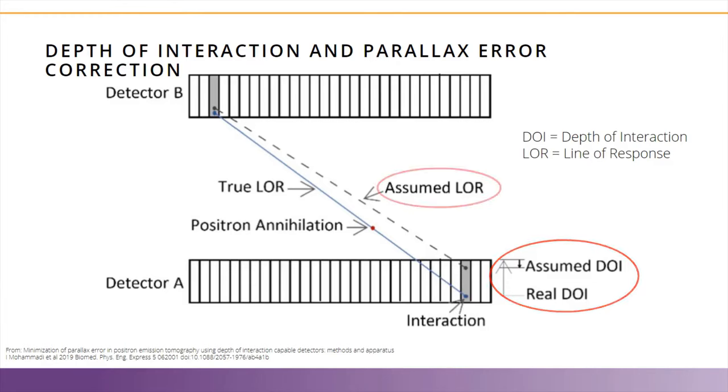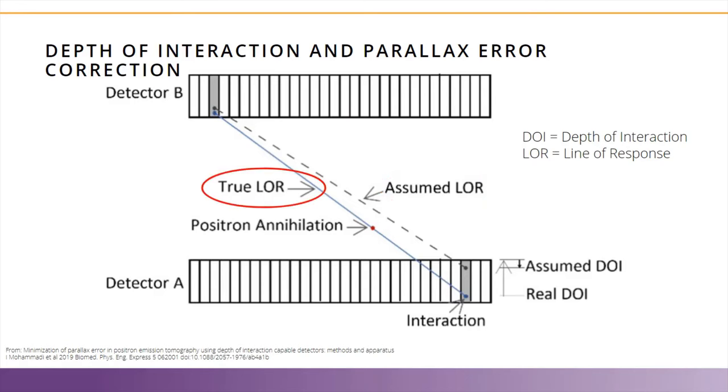As you can see here, the assumed line of response, based on the presumed depth of interaction, is quite far off from where the true line of response was. If the detectors could know exactly where the gamma ray hit along their height, then they would know the true line of response. This is parallax error.